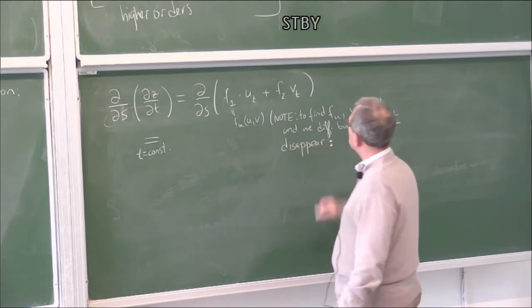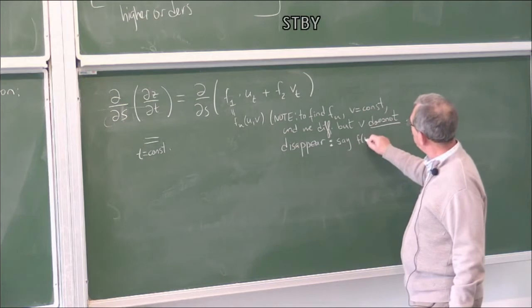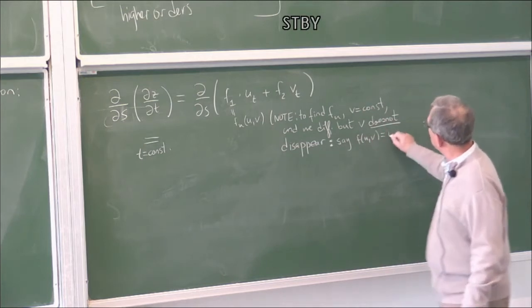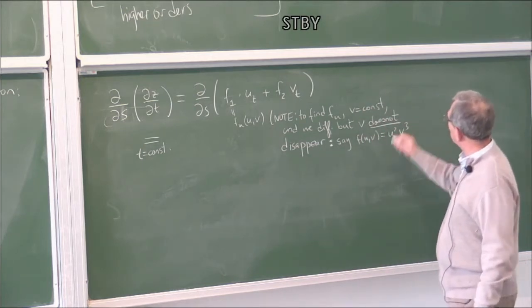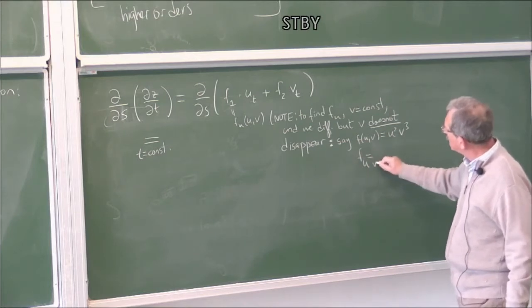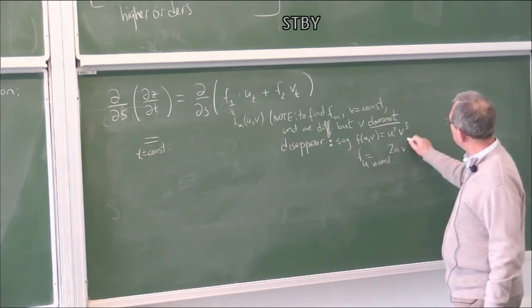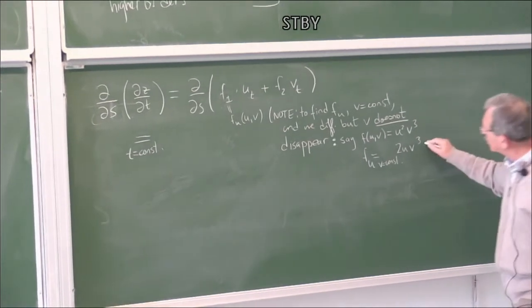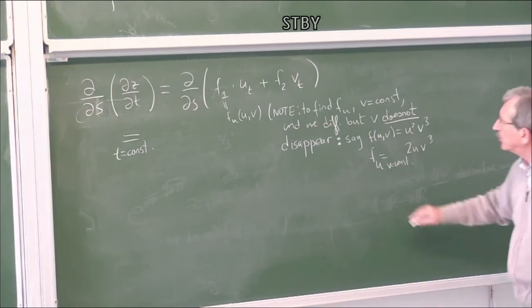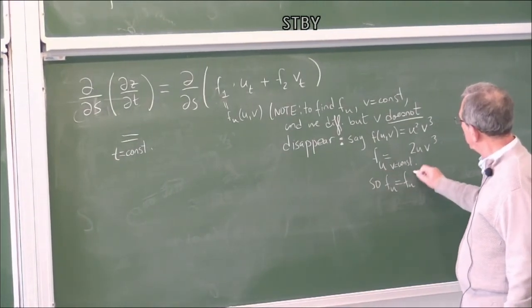A very simple example is the following. Say f of u, v is, say, u squared v cubed. Then f sub u, v is constant, is 2u v cubed, which of course is again a function of u and v.